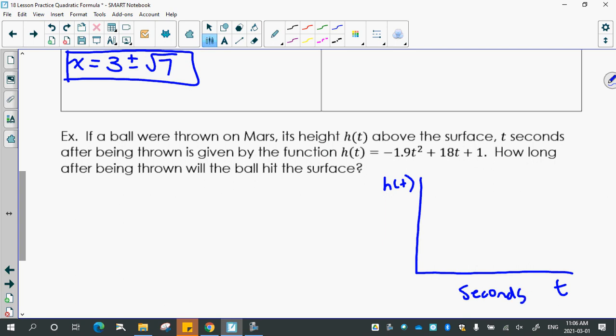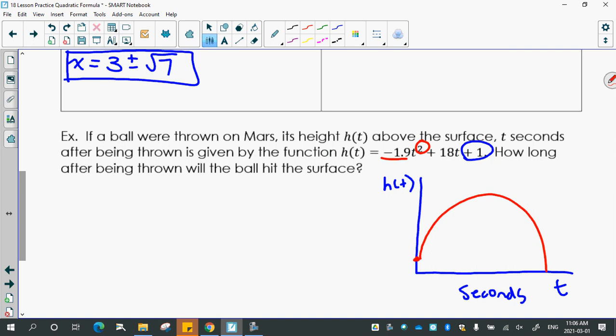We know this is our y-intercept, so we start 1 above the ground, where the ball is released. Because a is negative, we know it's an upside-down parabola. We know it's a parabola because of the squared, and upside down because of the negative.